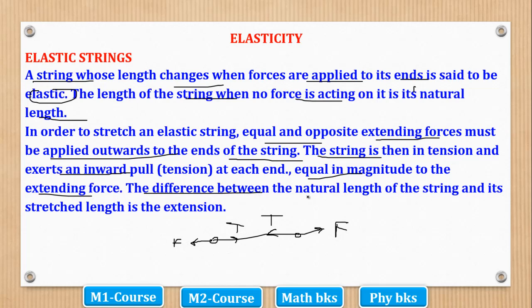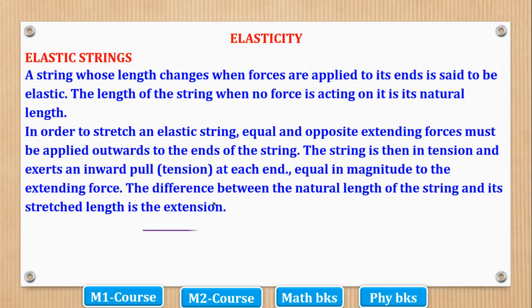The difference between the natural length of the string and the stretched length is what we call extension. For example, that is the string when no force is applied, and the length is called natural length or original length.